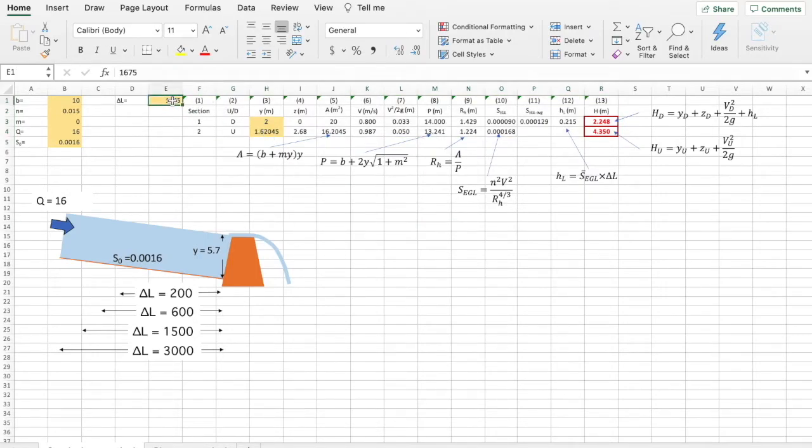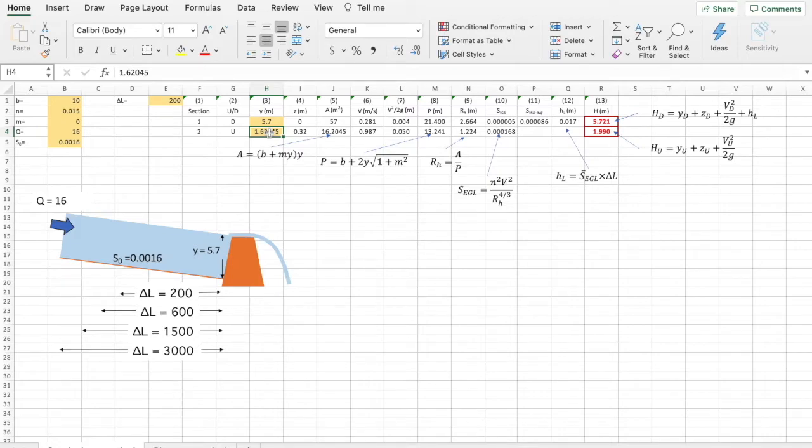So for the first diversion point, delta L equals 200 meters, and we know in this green cell, the control section water depth should be equal to 5.7, and we need to guess the water depth in this orange cell.